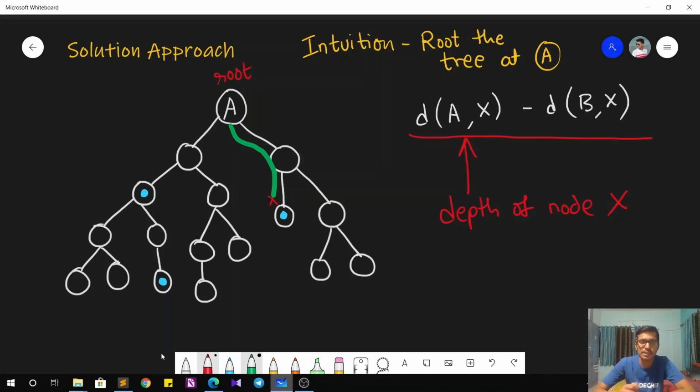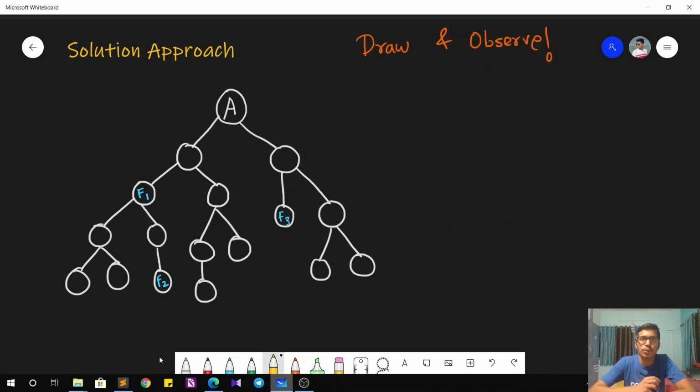Now let's further see what other concepts we can put in use to solve this question. Next we have to draw some paths from randomly choosing a node B, and we have to observe something. So let me first choose a random node for B. Let's say this is my B node currently.